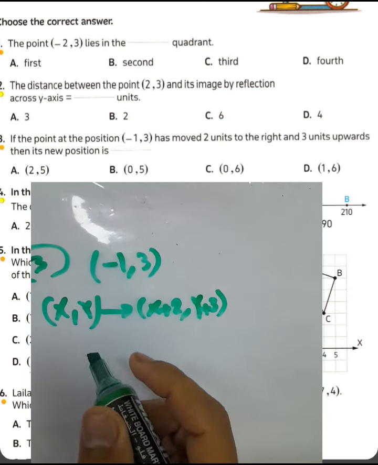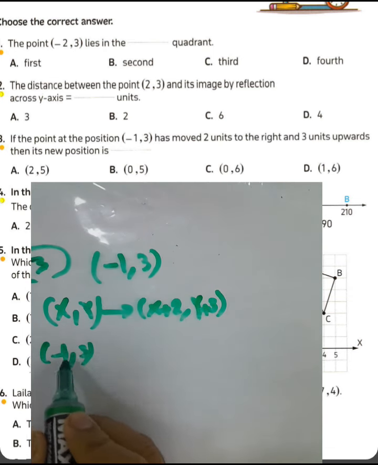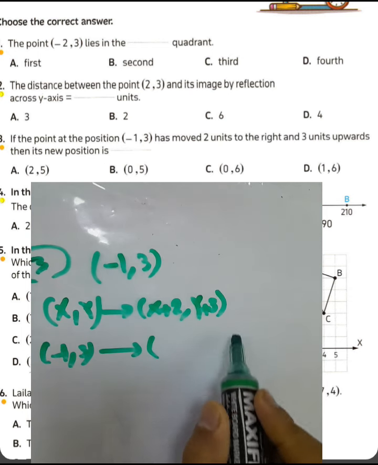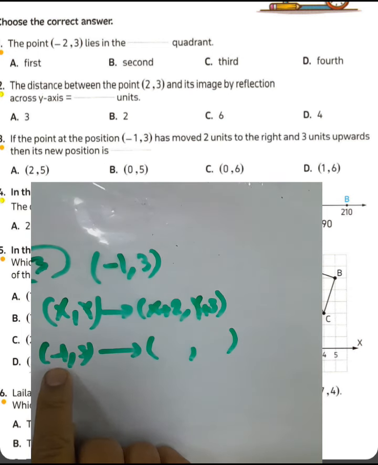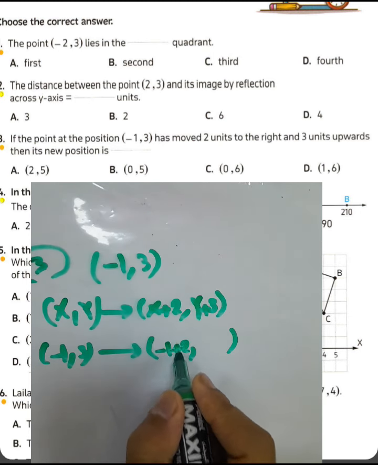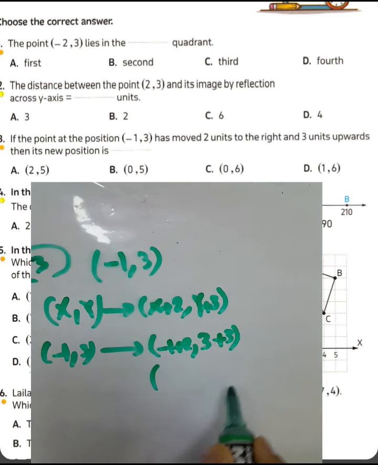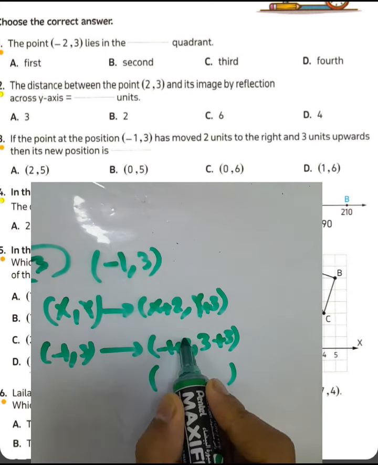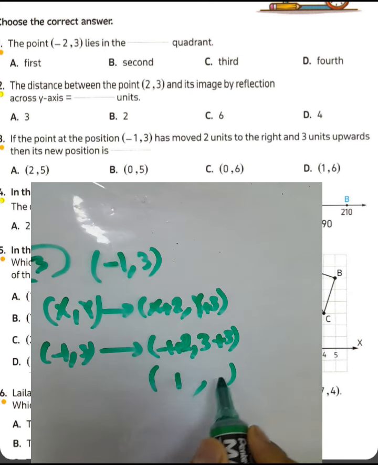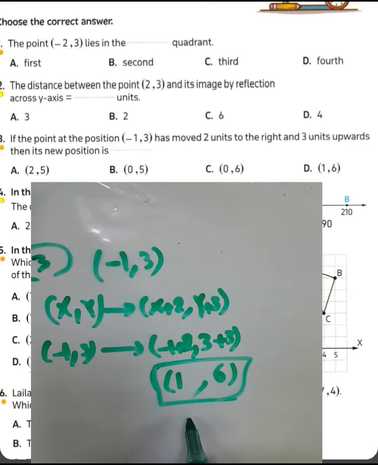Then its new position will be what? Using the rule, for (-1, 3) we add 2 to -1, which is -1 plus 2, and 3 plus 3. Then the image will be: -1 plus 2 is 1, and 3 plus 3 is 6. The result is (1, 6).